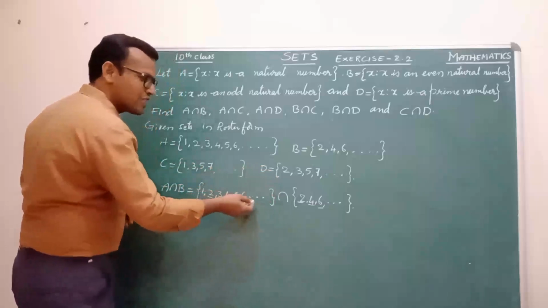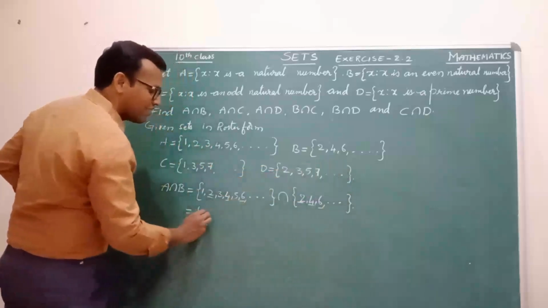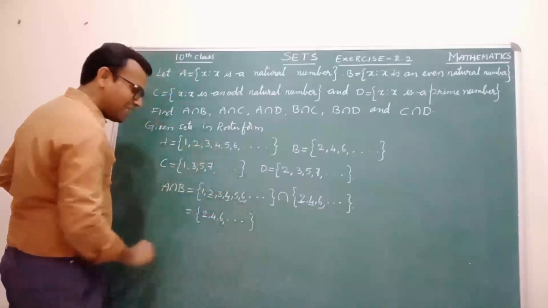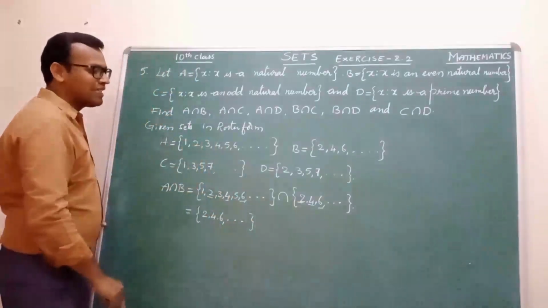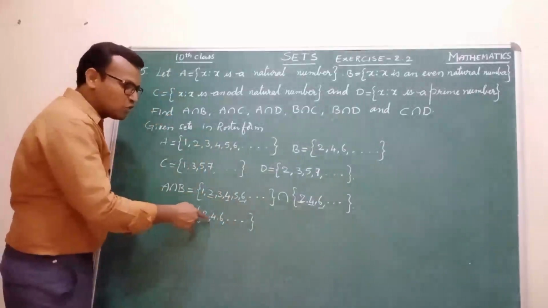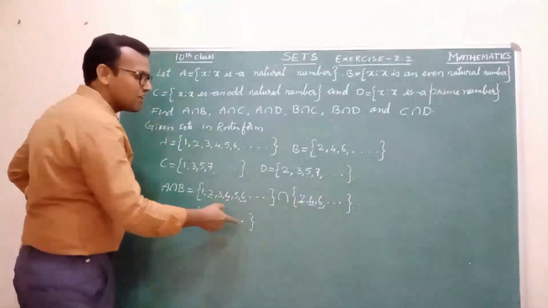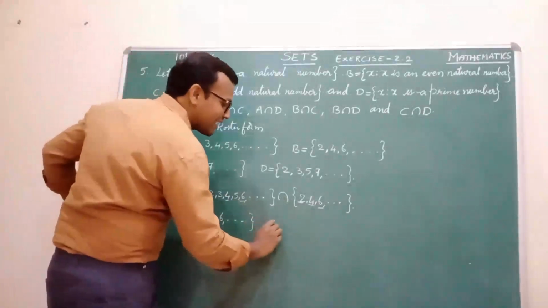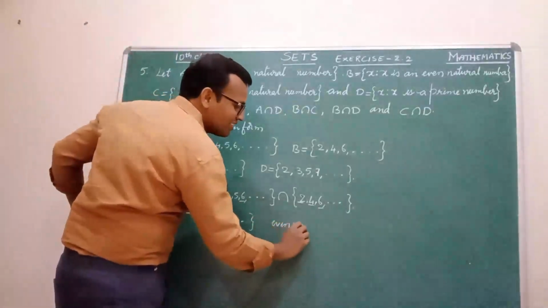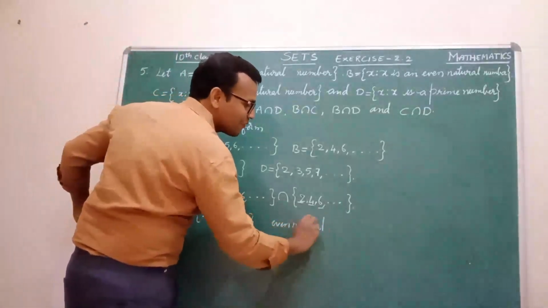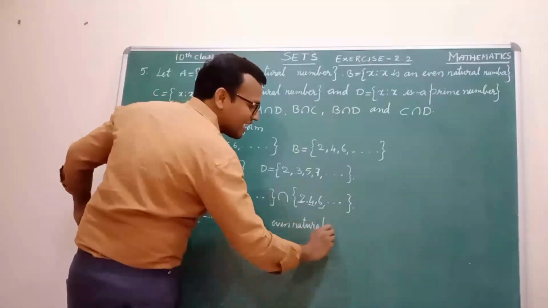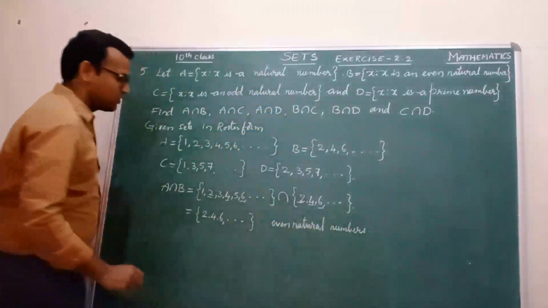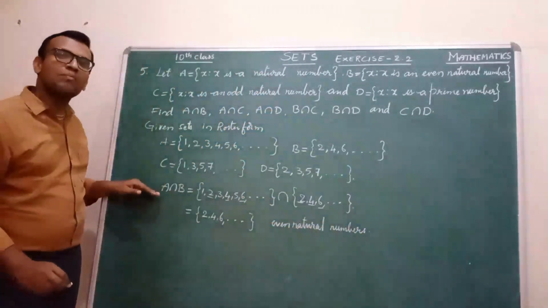So A intersection B is the set of 2, 4, 6, and so on, which are even natural numbers. So we found A intersection B.